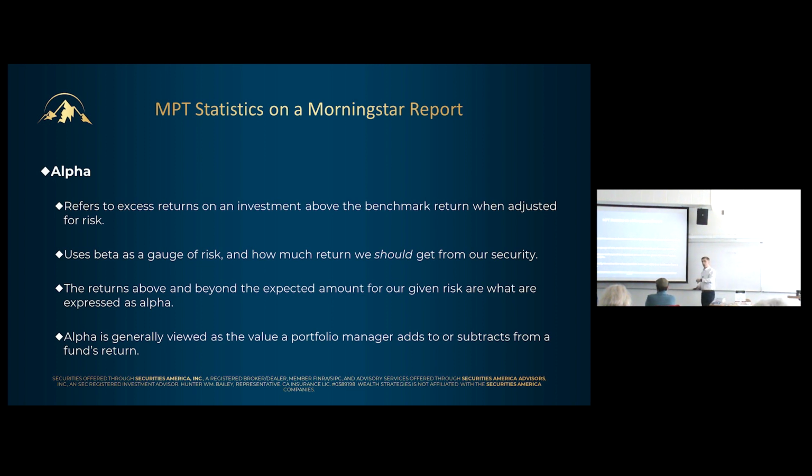If alpha is positive, what that means is, if my beta is 1.5 and the stock market goes up 10%, and I earn 17%, then 15% is what I was expected to earn. But that extra 2% is something I did not expect to earn, and is extra given for the amount of risk that I took. So I actually earned more return than I expected to see based on the given level of risk.